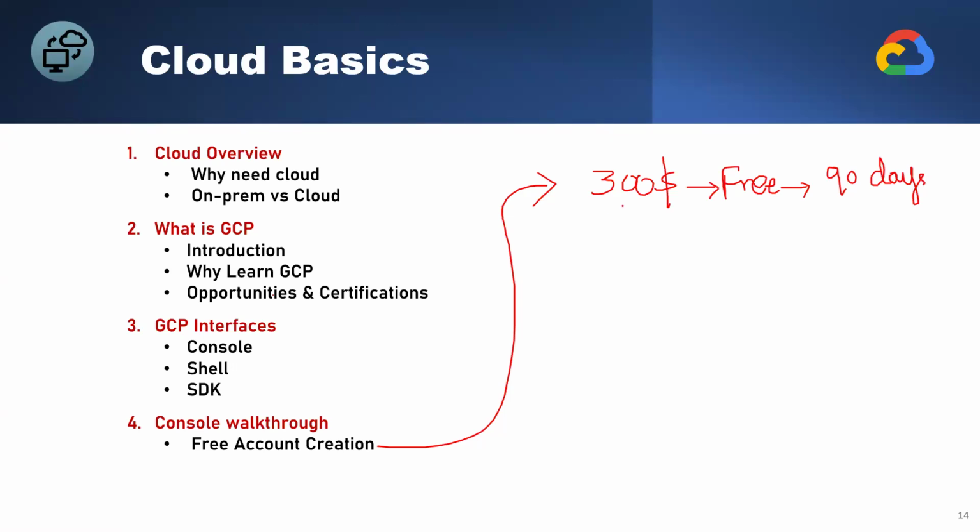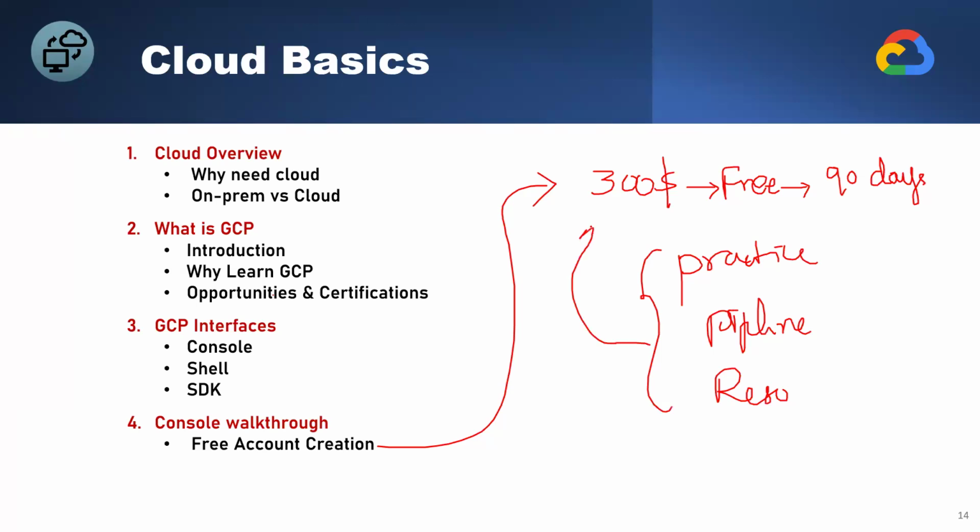You can utilize this $300 for all the practice, all the pipelines, all the resources. We are going to do it in GCP only with the help of these $300, which is a huge amount of money. Even if you work on the same account for 90 days, you will hardly be able to burn this entire amount.